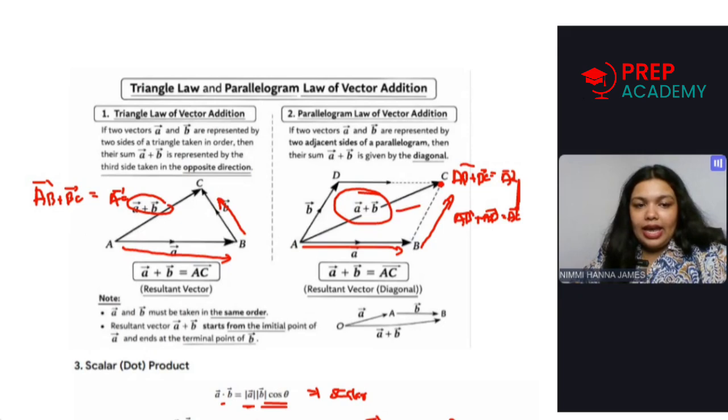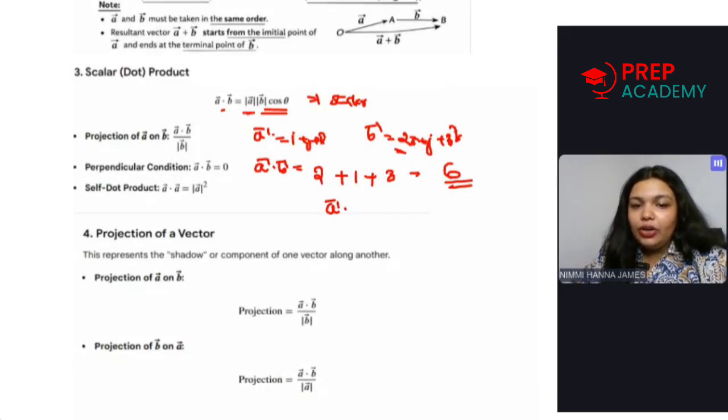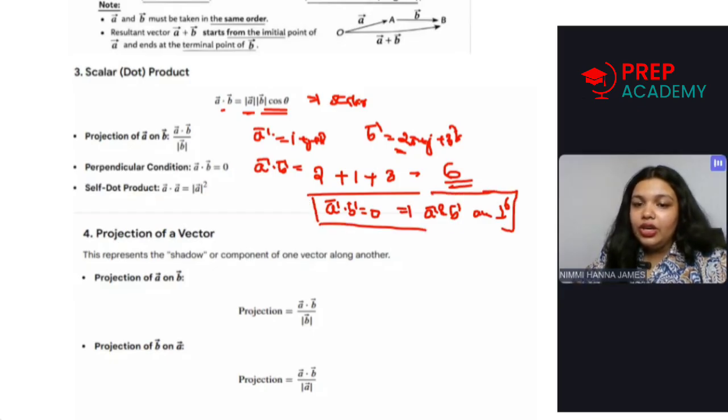Okay. And the two conditions. So if a dot b is equal to 0, it means that a and b vectors are perpendicular to each other. This is a condition that you will be able to use in many equations. So if we want to prove that two given vectors are perpendicular to each other, just find a dot b and make sure it is 0.